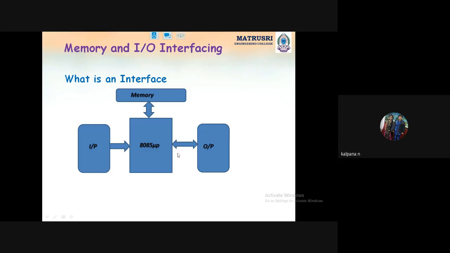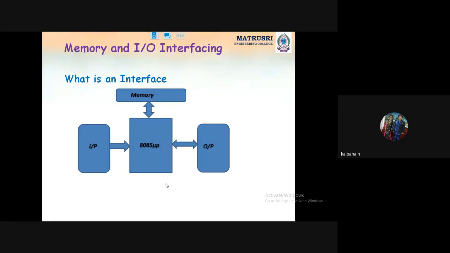These arrows are nothing but interfacing. Interfacing means the process of connecting the peripherals. Peripherals are input and output devices, which we connect externally, right? For our 8085 processor, input, output and memory are connected externally, so all these are called peripherals.